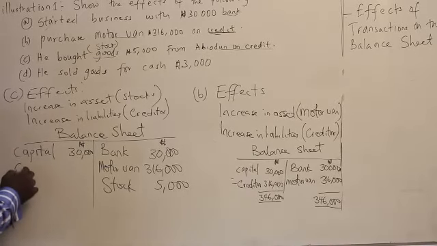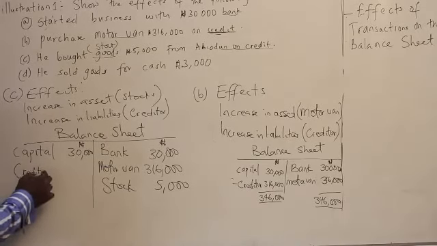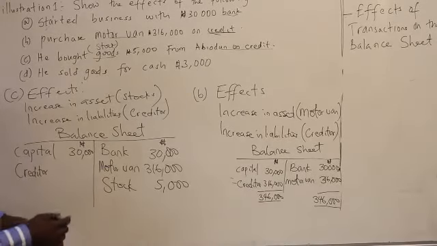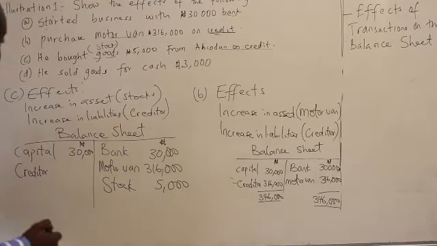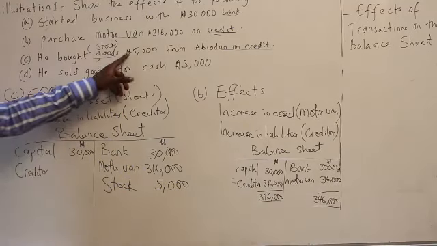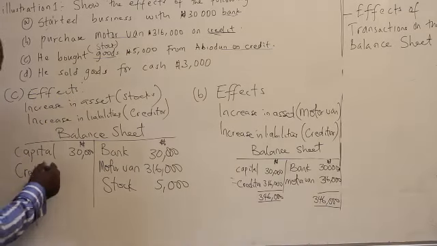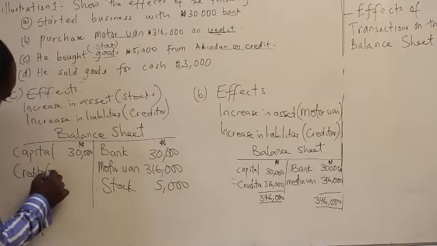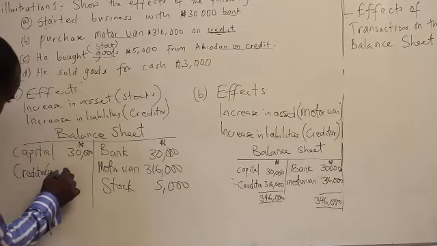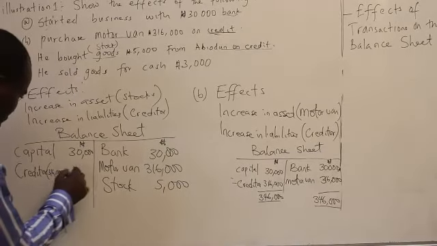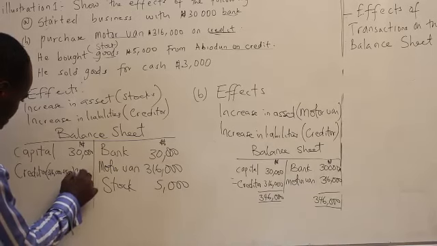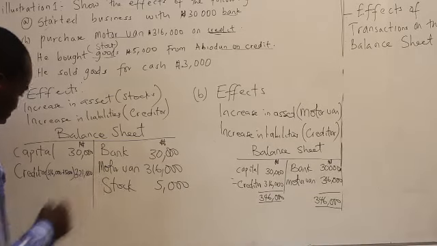We have creditor, but there is an increase in creditor. Although we had creditor 261,000 previously, there is an increase in liabilities, which is creditor, by an amount of 5,000. So we have 316,000. That amounts to 321,000.